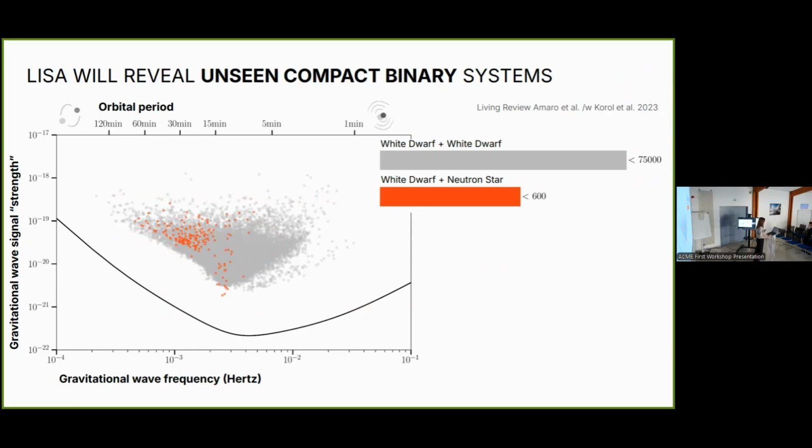They will be a couple of orders of magnitude less abundant. And just to note that these bars are on a logarithmic scale, so that I could actually compare them. The double white dwarfs will be much more numerous. We will also see binaries here in yellow that you may not see as well.